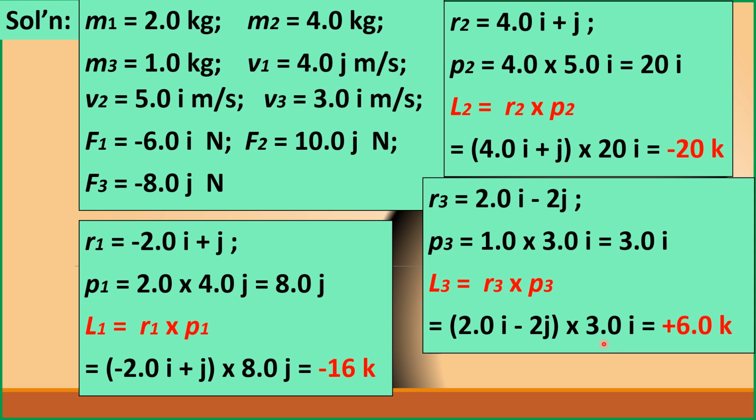So the final value for the angular momentum of particle 3 would just be equal to positive 6.0k. Alright? We cross multiplied negative 2j by 3.0i. Again, the positive sign of our final answer can be verified using your right hand rule.